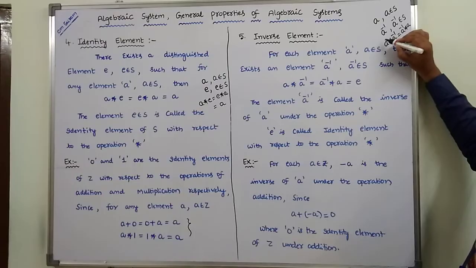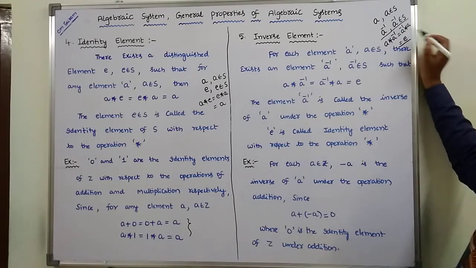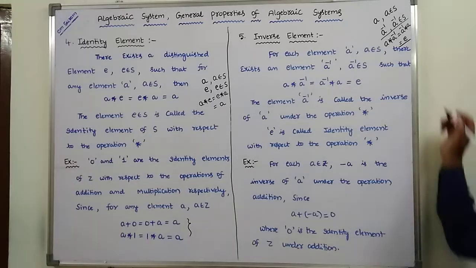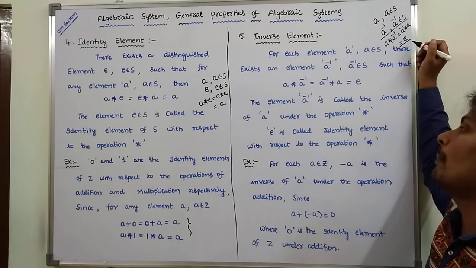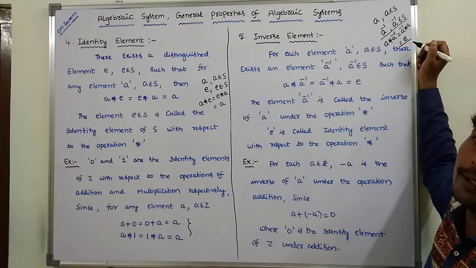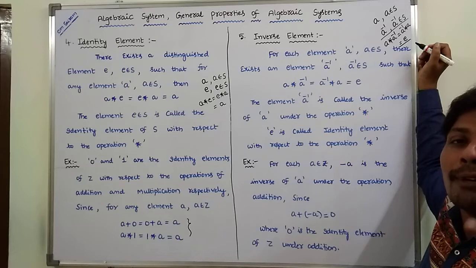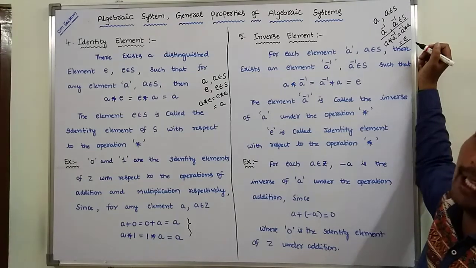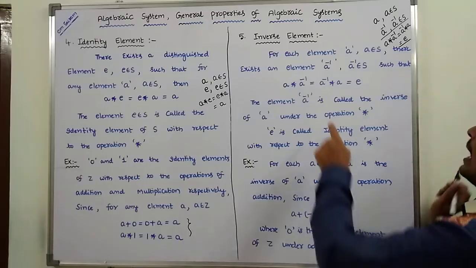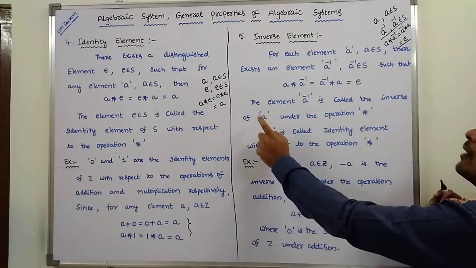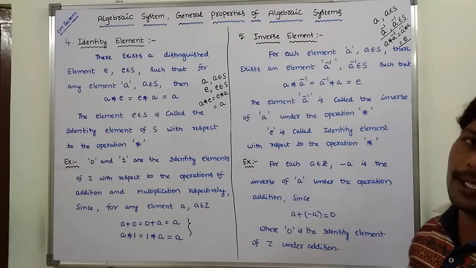A into A inverse is equal to A inverse into A is equal to E, where A inverse is called the inverse of element A under the operation multiplication.